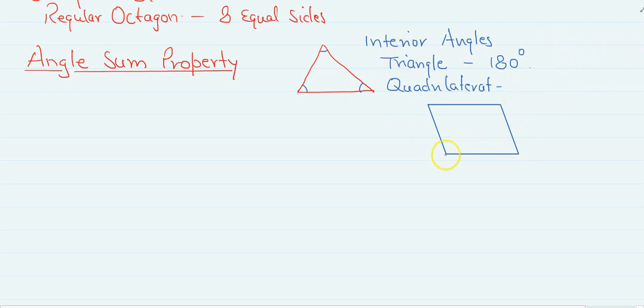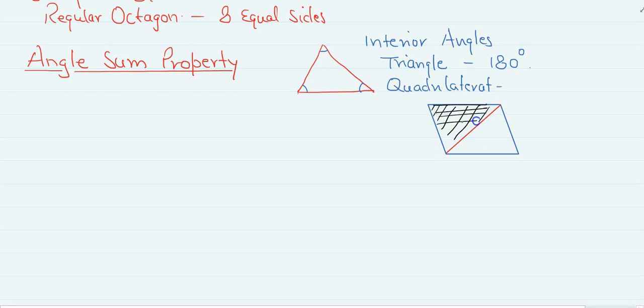Now if I draw a diagonal, how many triangles do I have?